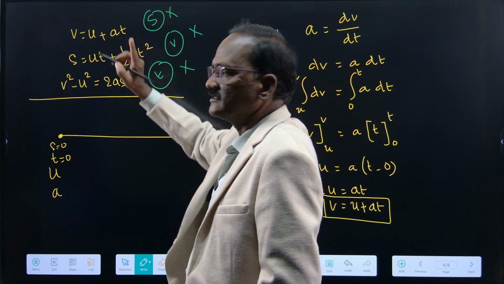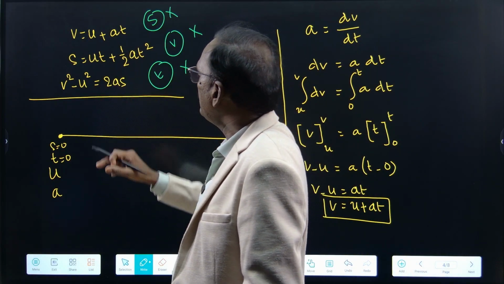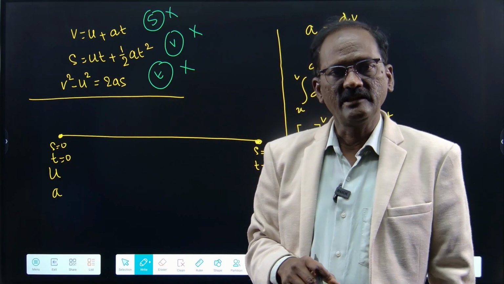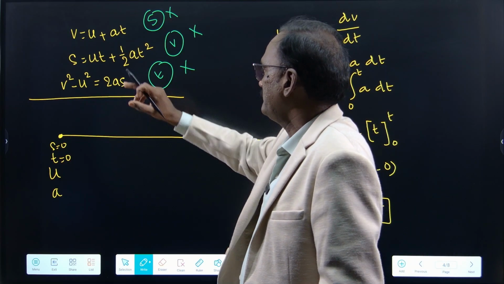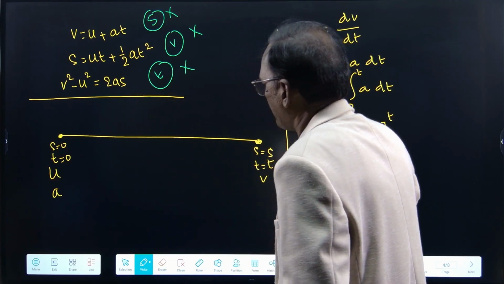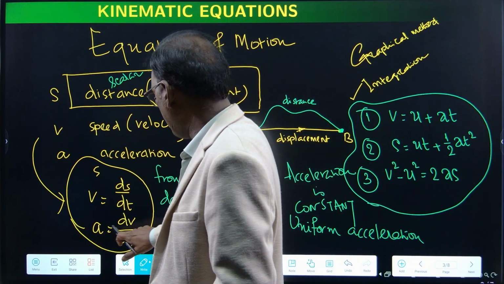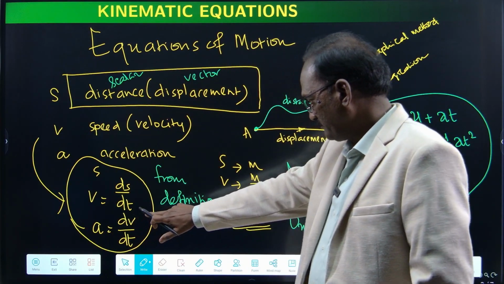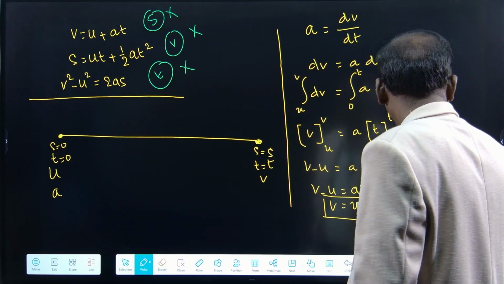For the derivation of this third equation, we have to eliminate time first, and we will easily get the result v square minus u square is equal to 2as. For it, I will take the equation a is equal to dv by dt, and from this equation I will derive the third one.